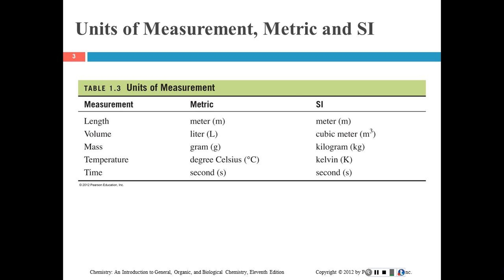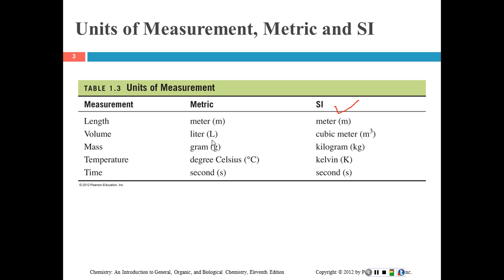So, the metric system has units that are standard. The SI system also has units that are standard. Sometimes they're the same, sometimes they're not. For example, the unit for length in the metric system is the meter, and it's also the meter in the SI system.